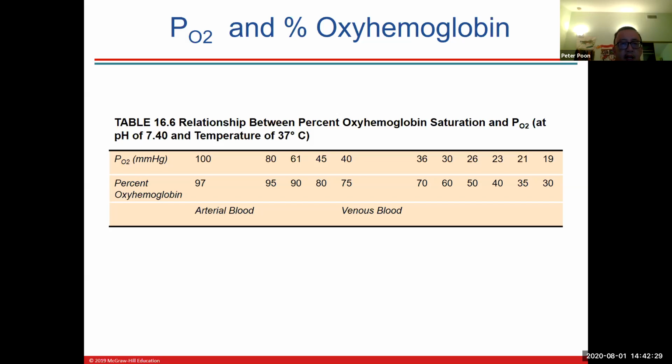So you can see that as the percent hemoglobin saturation lowers, this will constantly release oxygen into the bloodstream.